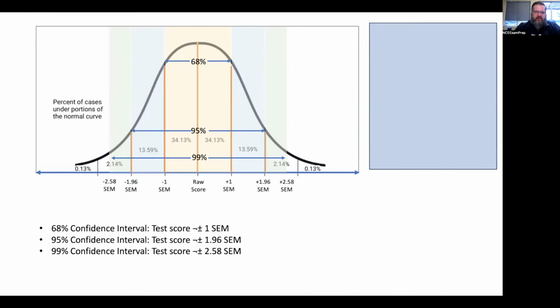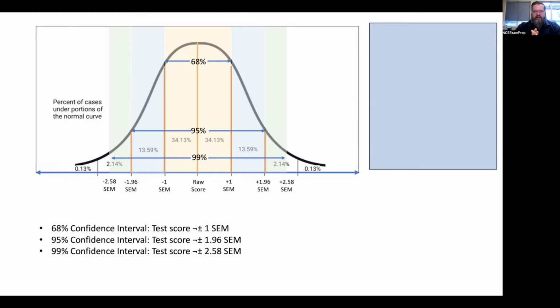It's going to say there's a 68% chance that the score is going to fall between these two scores. There's a 95% chance the score is going to fall between these two scores. And so it just kind of gives us an idea of how to predict someone's scores across multiple different tests or multiple different exams if they're taking the same test.